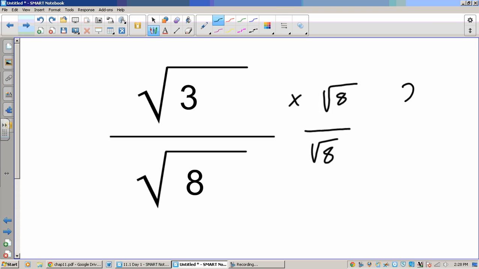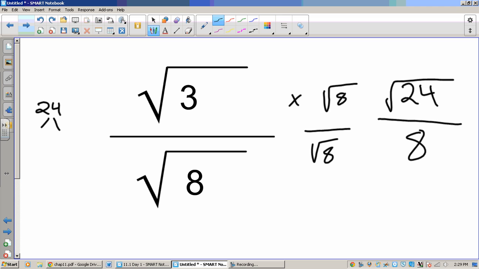So I've got the square root of 24 over 8. Then we have to ask ourselves, is the square root of 24 simplified? Just like we learned yesterday, we're going to do 8 times 3, and 4 times 2. Boom, I know I've got a square root right there.